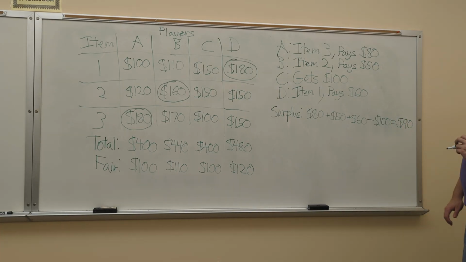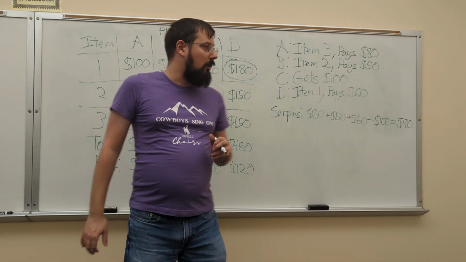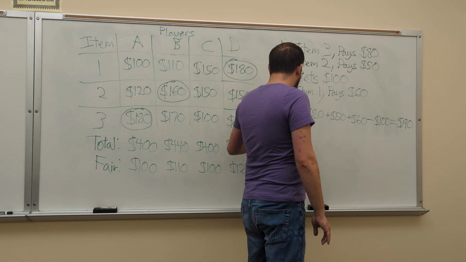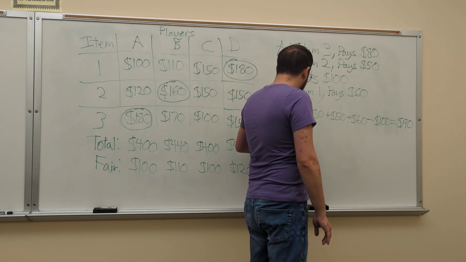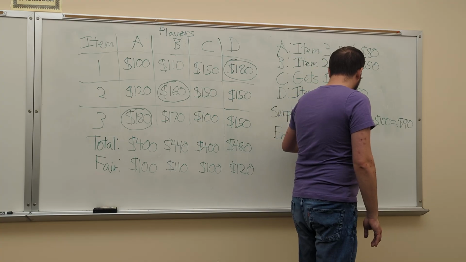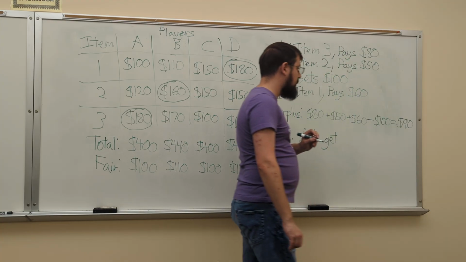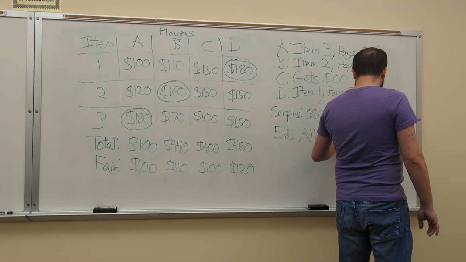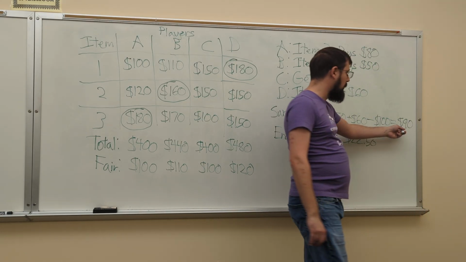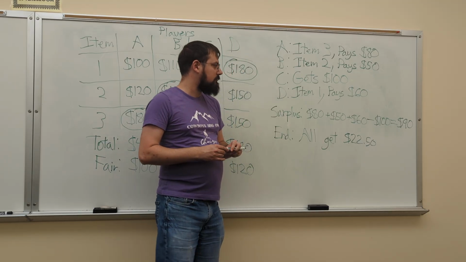So after we do all of this, we're going to take the $90 surplus that's left, and we're going to split this evenly between all 4 of our players. So that means at the end, all 4 players are going to get an additional $22.50. So 1/4 of this $90.